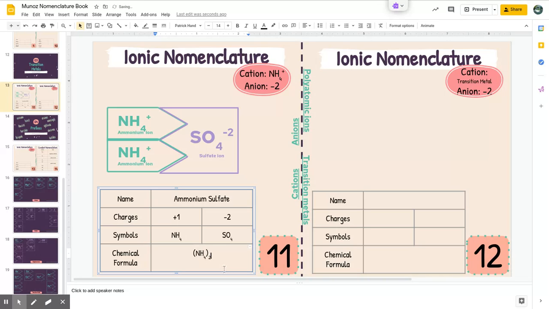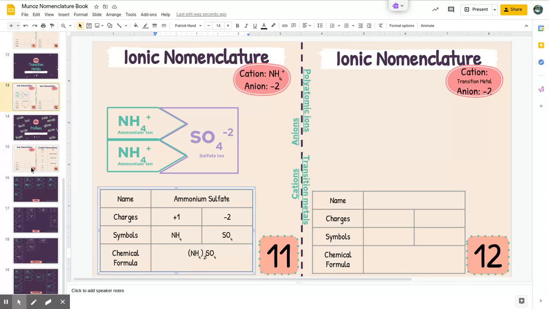So you're going to make it look like that. And then since you only have one SO4, that one doesn't need parentheses. So that's what your formula should look like for that one. And that is number 11.